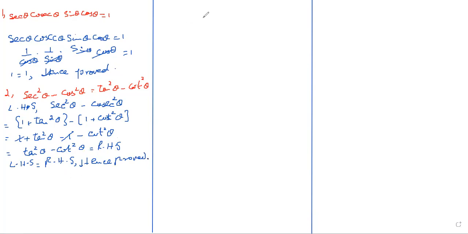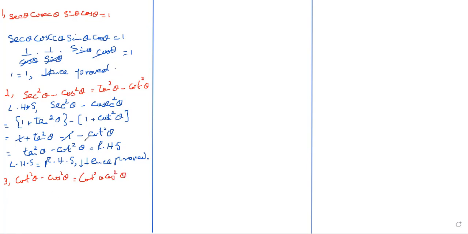Okay, come to the next question. Cotangent square theta minus cosine square theta equals to cotangent square theta times cosine square theta.